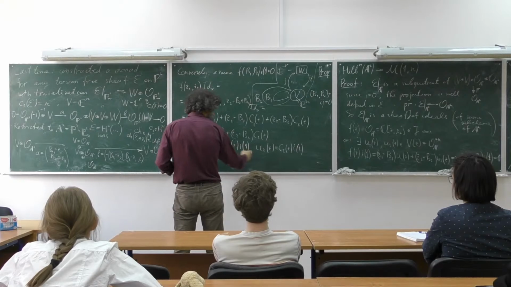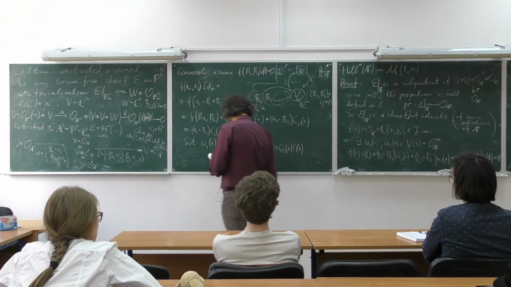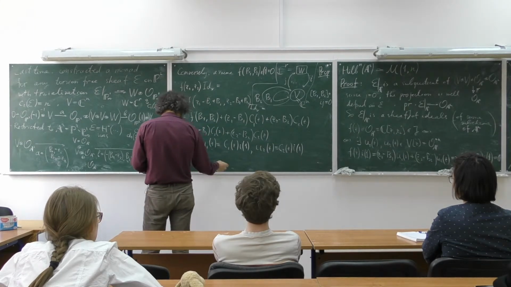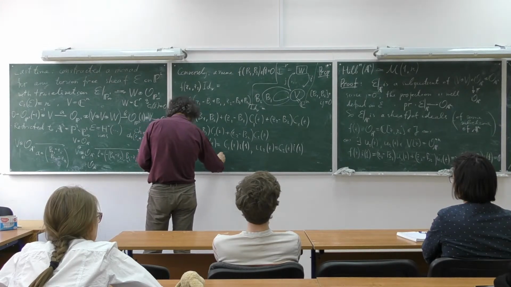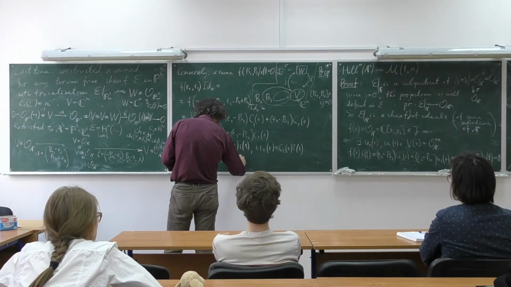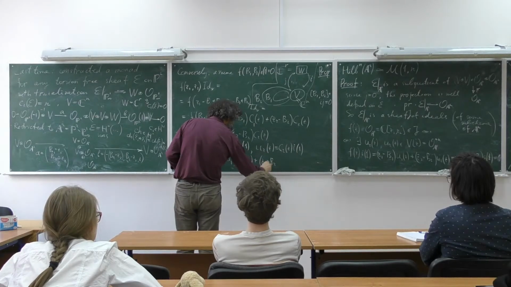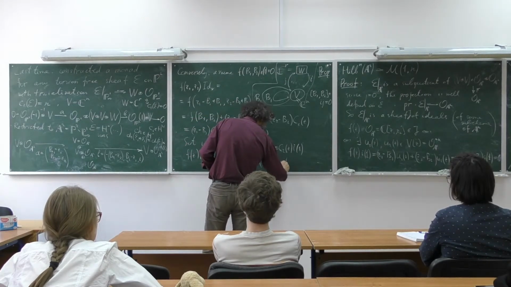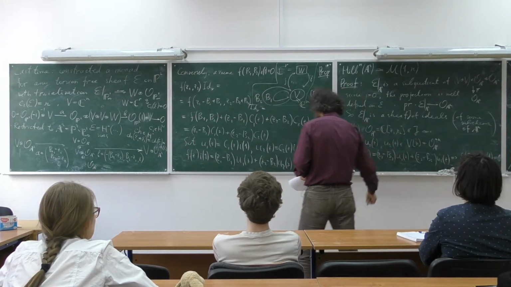So these are vector valued functions like here. And so we get f of z I of 1 equals z1 minus b1 times u1 of z plus z2 minus b2 times u2 of z, and that's exactly what we had here.